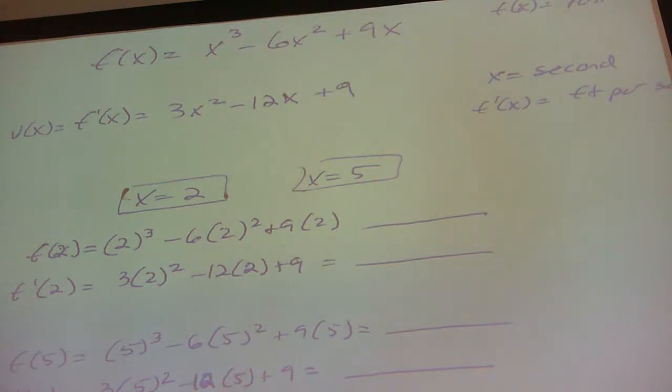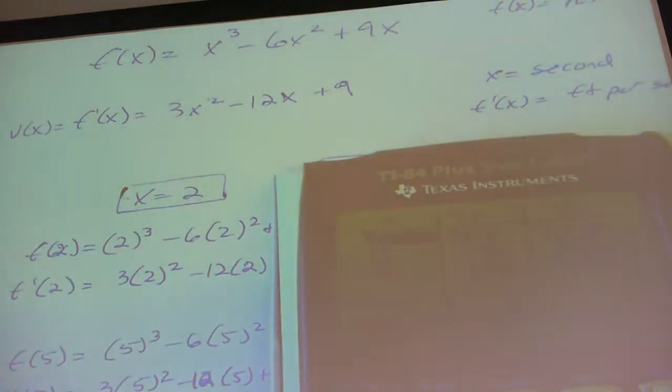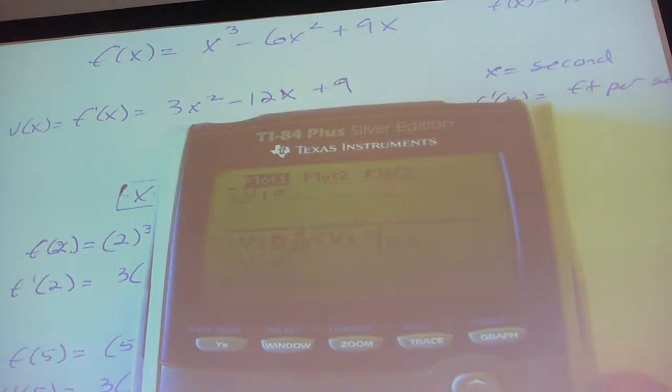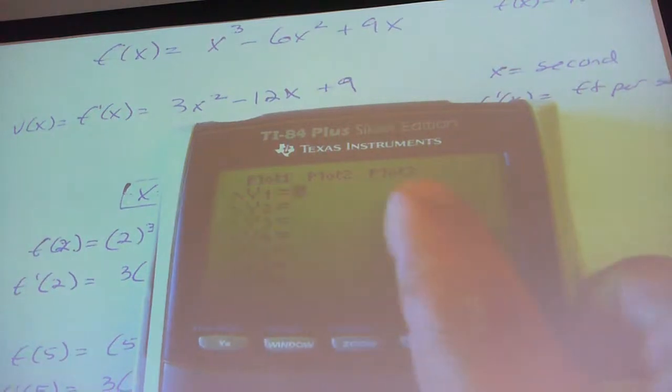In y1, we're going to put the original. In y2, we're going to put the derivative. Okay? So I go to y equals, make sure that your plots are off. I go to the top. Make sure all these are not highlighted.